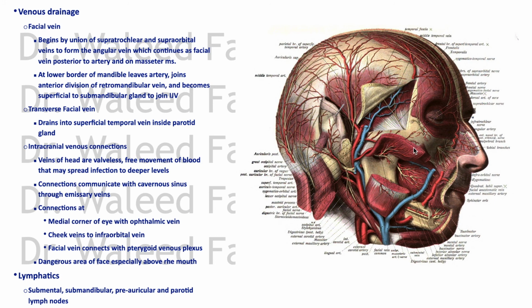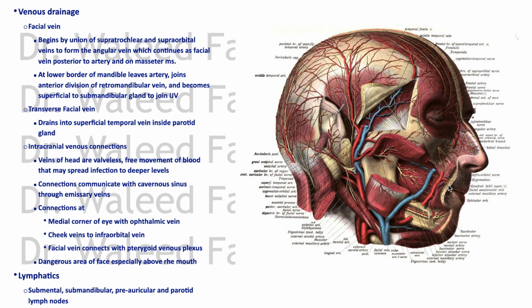Actually, it's an ugly illness. Okay, say the sites for the connection: through the infraorbital branches, through the medial canthal branches, medial corner of the eye branches, the facial vein itself connects to the pterygoid venous plexus, and the pterygoid venous plexus connects to the cavernous sinus as well, to inside the cranial cavity.